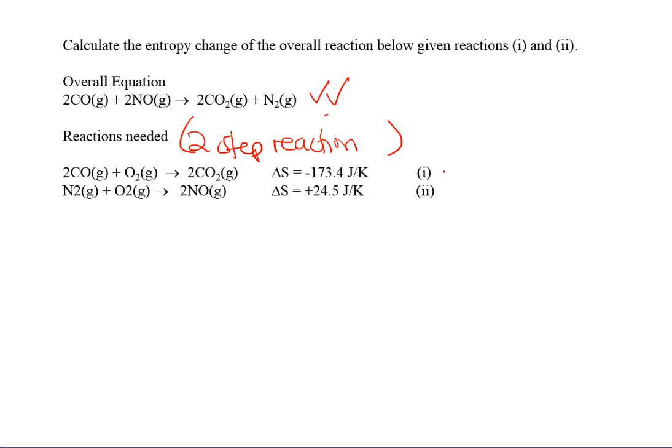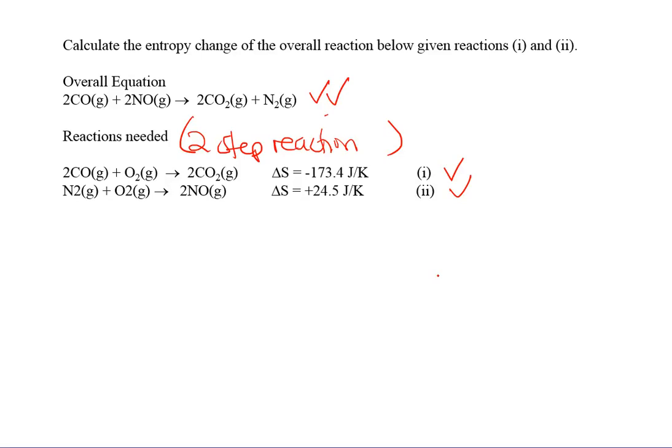So the overall chemical reaction is 2 carbon monoxide plus 2 nitrogen monoxide to give 2 carbon dioxide and nitrogen. But this went through two steps, the first step here and the second step here. So it's like Hess's law.